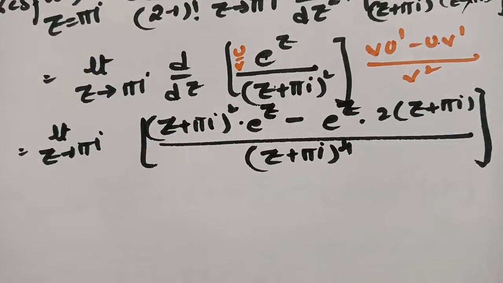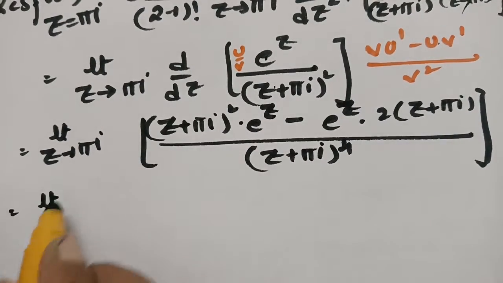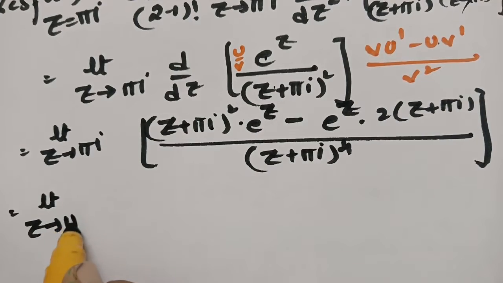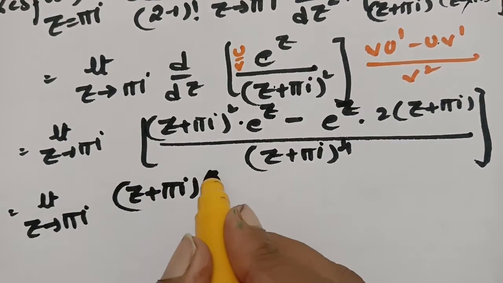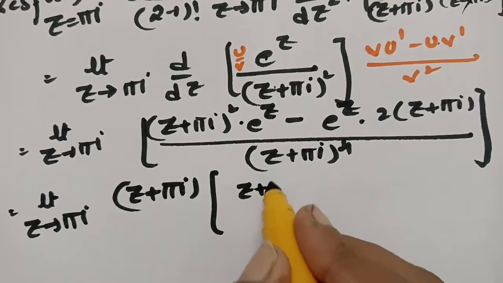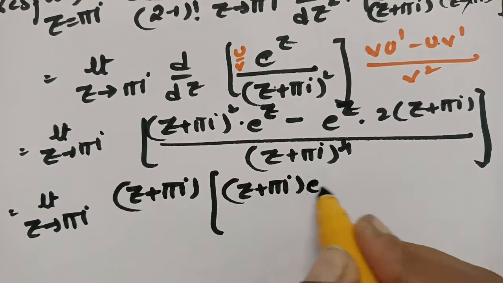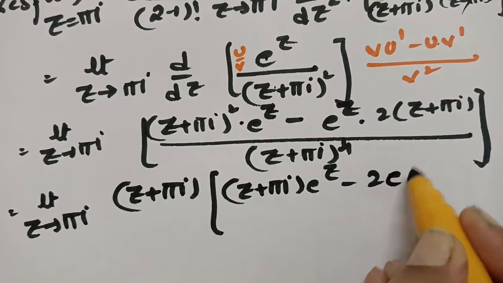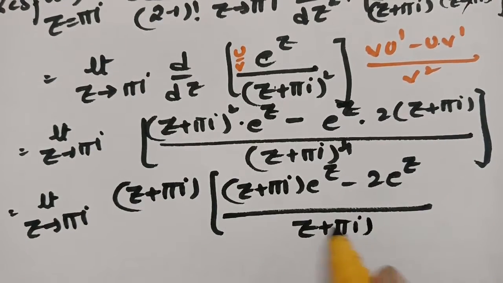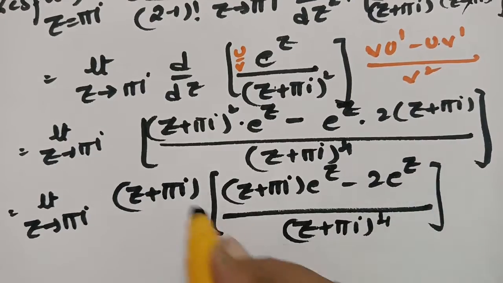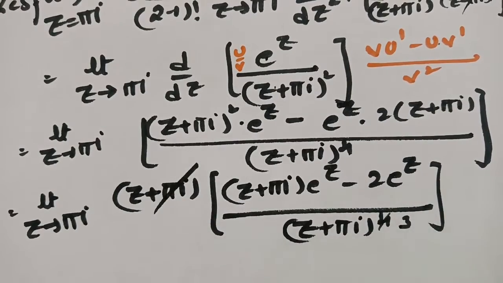So if I take z plus pi i common and cancel, this is limit z tends to pi i, z plus pi i into e power z minus 2 into e power z by z plus pi i to the power 4. So if I cancel one time, this is cube.